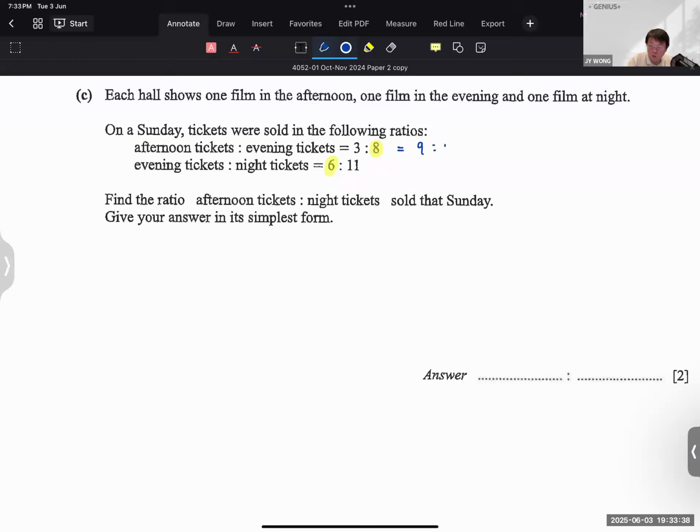So this will be 9 to 24. This will be equal to 24 to 44. And therefore the answer is 9 to 44. Afternoon is 9, 44 is night. It's 9 to 44, correct? Like that is 2 marks. I don't think even in primary school, they will give a question like this for 2 marks.